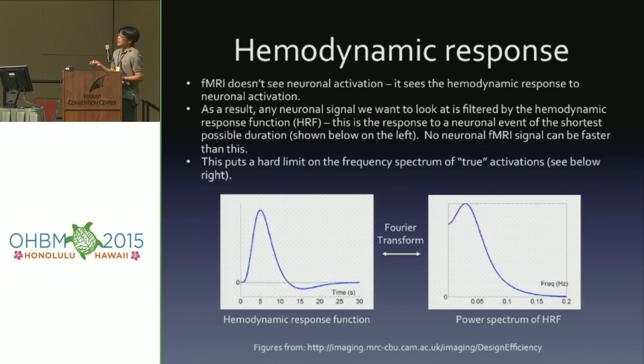In other words, all your neuronal signal has to be filtered by the hemodynamic response filter, which is the Fourier transform of the hemodynamic response function. When neuronal signals are reflected in BOLD fMRI, they are confined to a small range, roughly between 0 and 0.2 hertz.